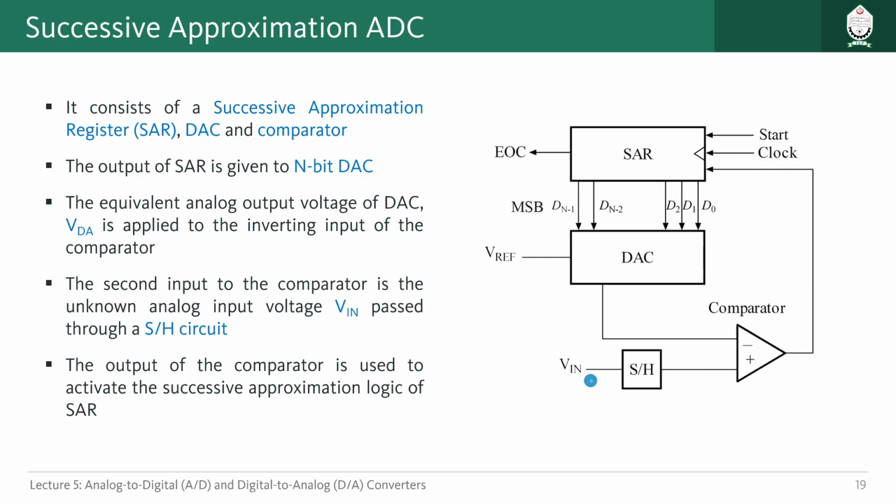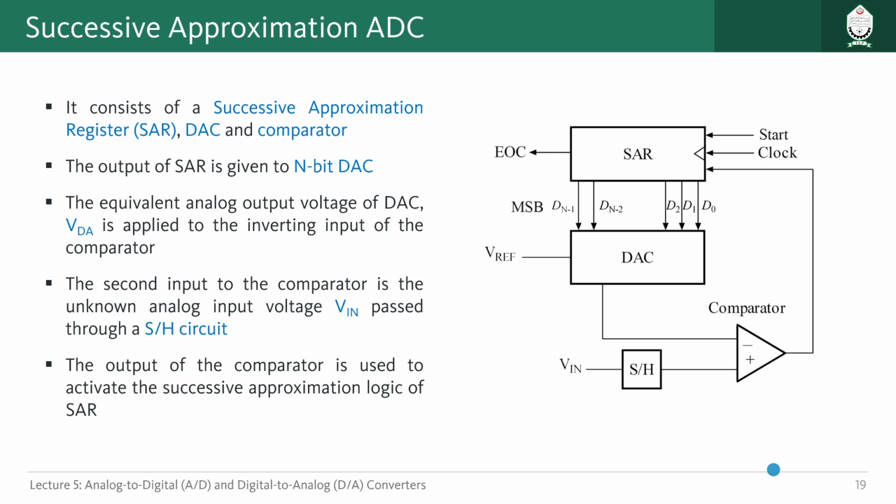The analog signal we want to convert to a digital signal is the V-in we provide through this pin, which goes to a sample and hold circuit, and the output of that is connected to the positive pin of this comparator. Based on that, some comparison happens here, and the output goes to the register, which has control logic inside. Based on this comparator value, it will decide what to do next.